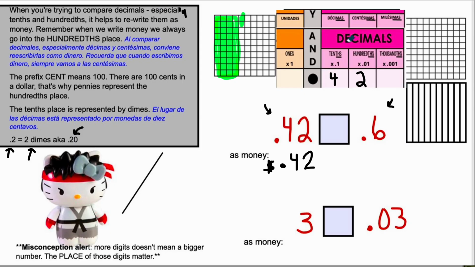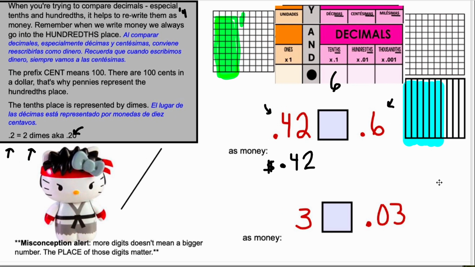Okay, this one's a little different. 6 tenths. In 6 tenths, the digit 6 is in the tenths place. That's like saying 6 dimes. So I am going to use my blue, and I have 1 dime, 2 dimes, 3 dimes, 4 tenths, 5 tenths, 6 tenths. 6 tenths is 6 dimes.